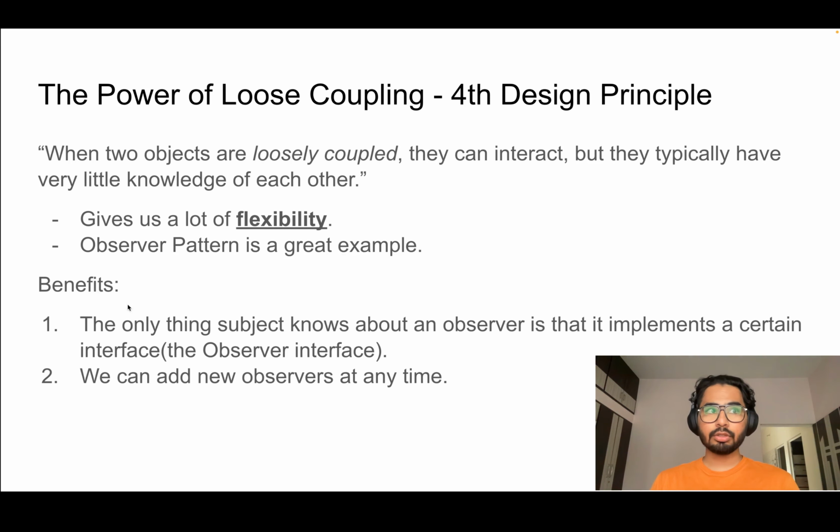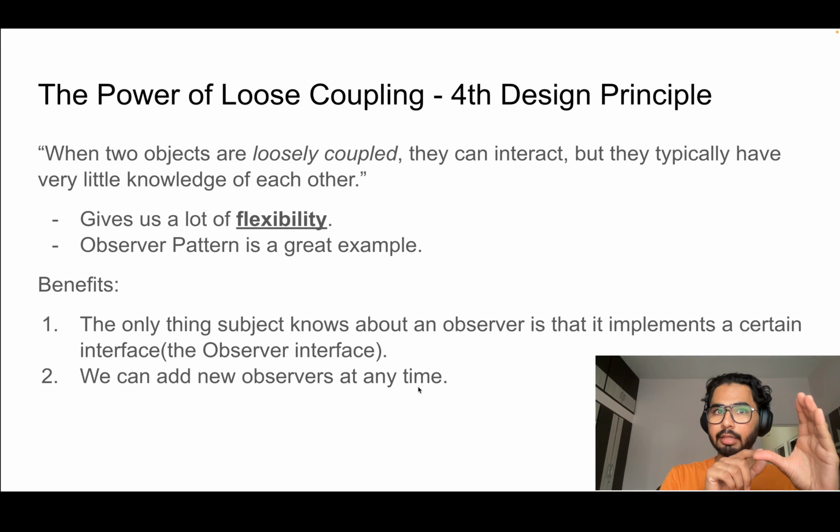Benefits. Let's take a look at the benefits of loose coupling now. The only thing the subject knows about an observer is that it implements a certain interface, the observer interface. We discussed this. Second, we can add new observers at any time, because on the subject side we have a list, and at runtime I can just call register observer and remove observer.